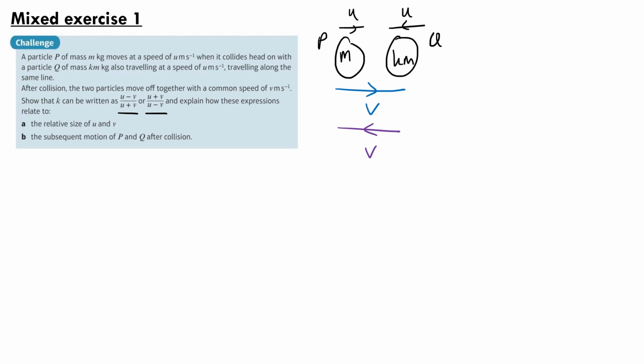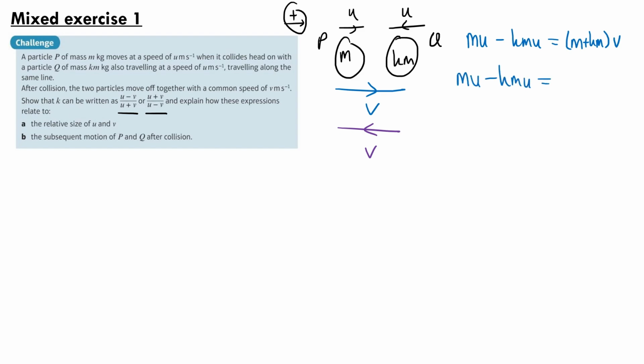So let's say we take to the right as the positive direction. Then if we consider the momentum before and after, if we do the blue case first, before the collision we're going to have mu minus kmu, which is equal to, afterwards, the whole mass m plus km moving at v to the right, so that's positive. Then we can do a little bit of algebra.